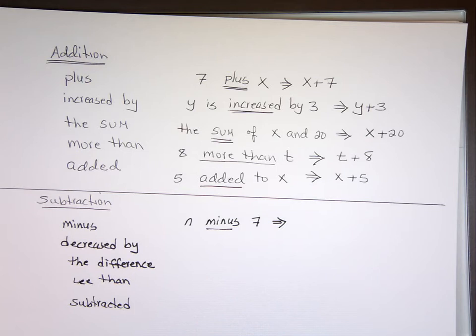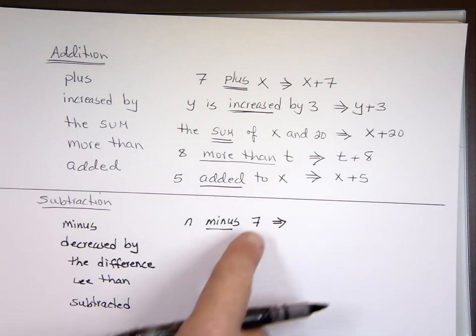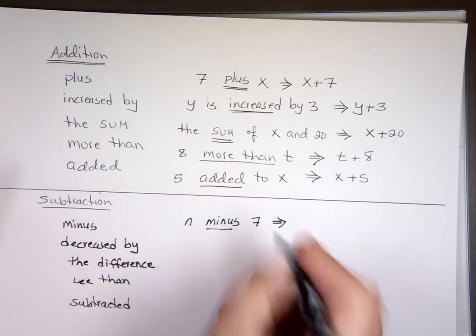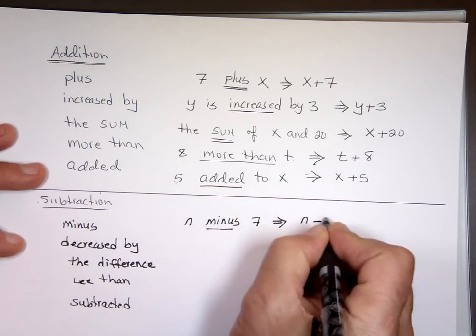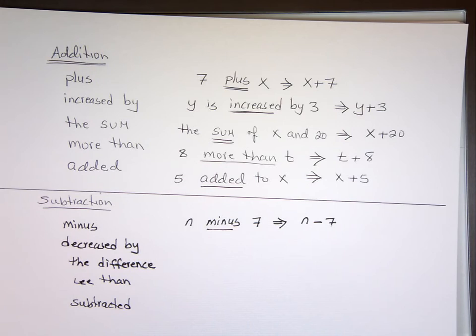N minus 7. Think of it as if I said to you, take your age minus 7. So you subtract 7 from your age. So subtract 7 from n. That should be n minus 7, not 7 minus n.